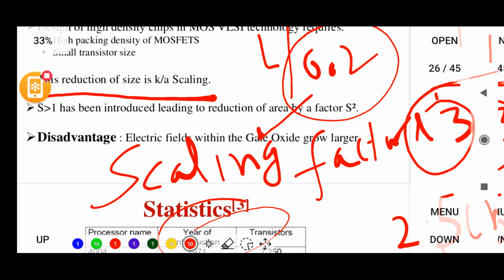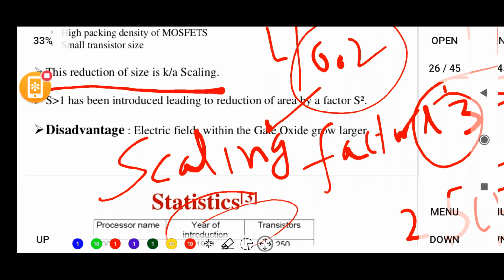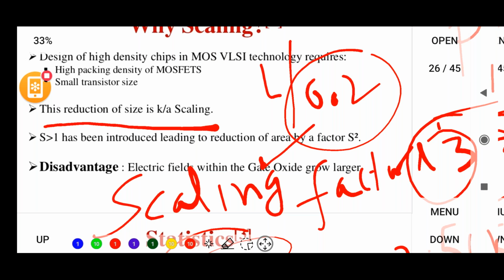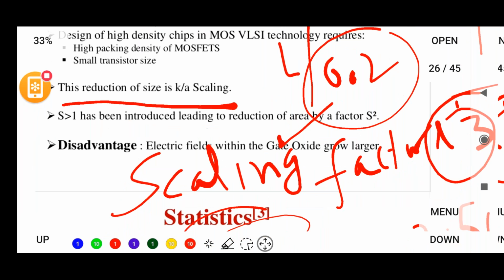You decide it first, and then you reduce your transistor size, maybe your length, or maybe your W. Okay, so this is a very, very important concept required to reduce the transistor size, and it is very helpful to design a high performance chip.